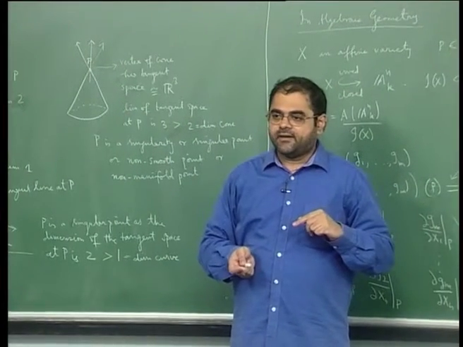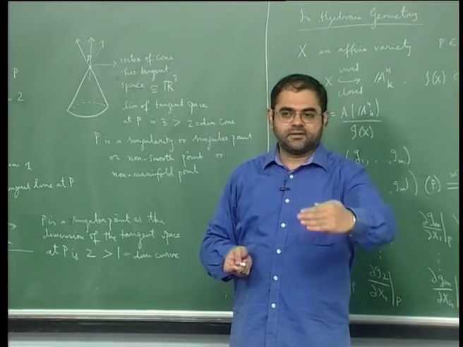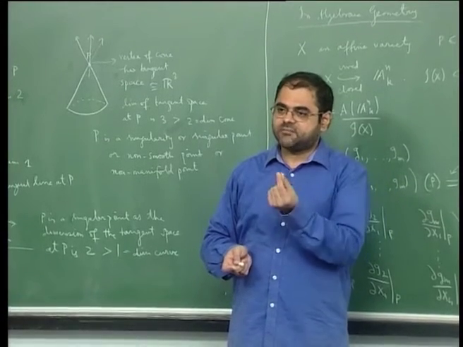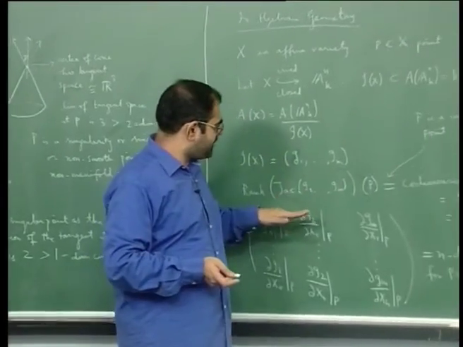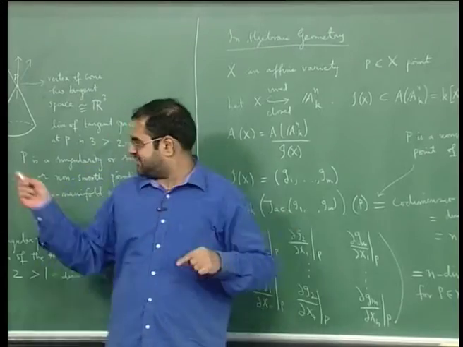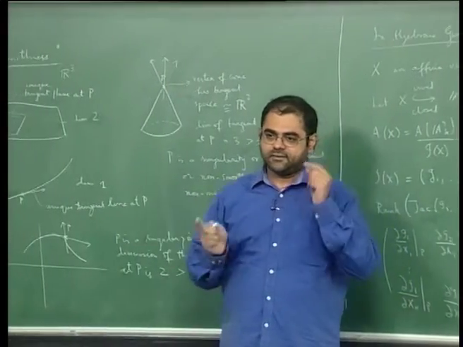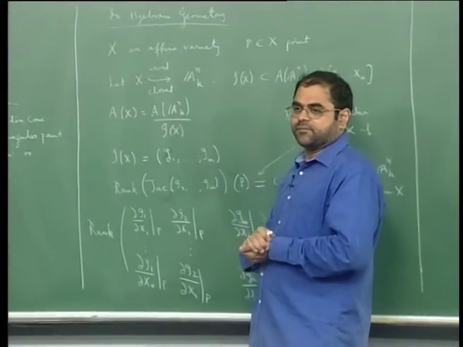These are all the points where the dimension of the variety is the same as the dimension of the tangent space, and that is what is being said in this definition. We will unravel these definitions and see that this is the same as that, but there is some translation that one has to do, which we will do.